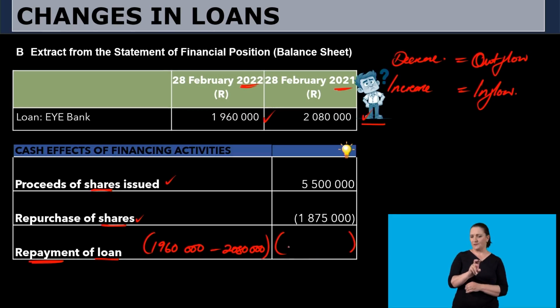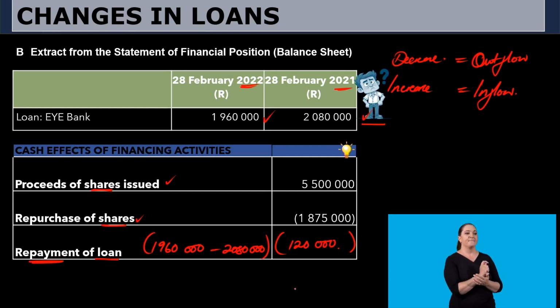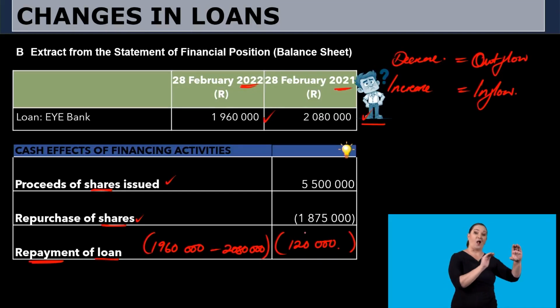Then we get 120,000. That becomes a cash outflow. We have repaid part of the loan, so it becomes a cash outflow. Very, very important that you indicate your outflows using brackets.